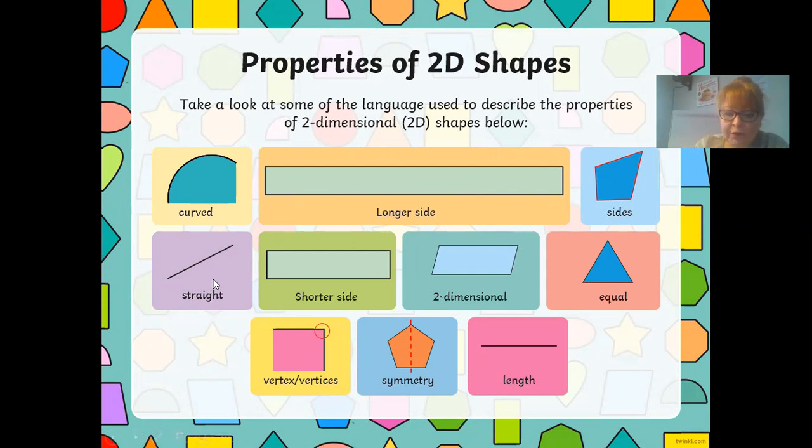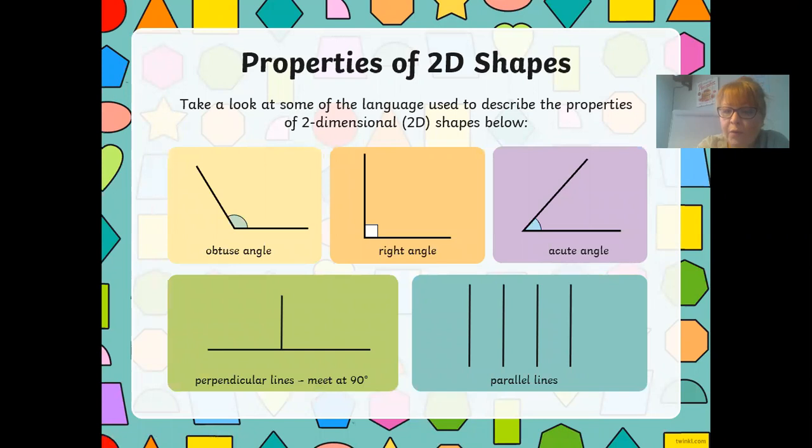We might be talking about straight lines. We are definitely talking about 2D, two-dimensional, equal, so meaning they are the same size. Vertex or vertices, where two of your sides join together. We might talk about the length. Symmetry, so how many lines of symmetry does the shape have?